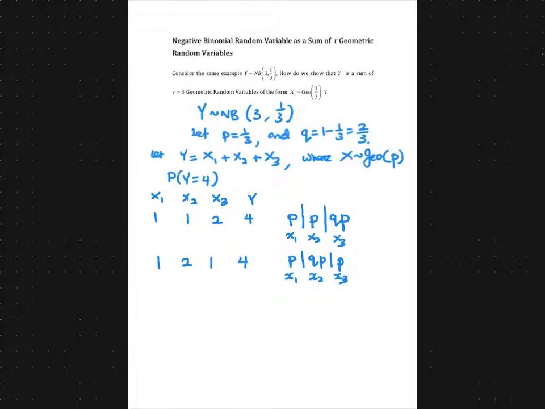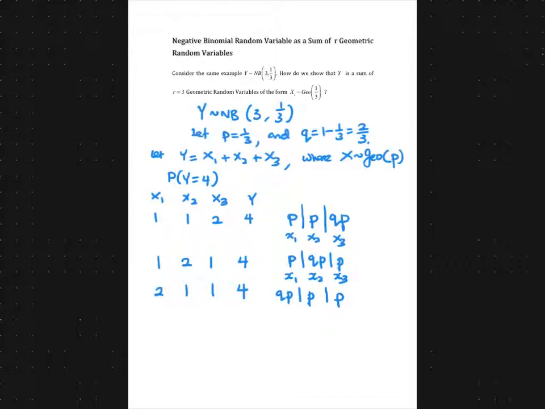Thirdly, we could have 2 plus 1 plus 1 equals 4. In this scenario, we have a failure followed by a success, which gives us the first geometric. Then we have a success in the first attempt, followed by a success in the first attempt, to give us Y equals 4.